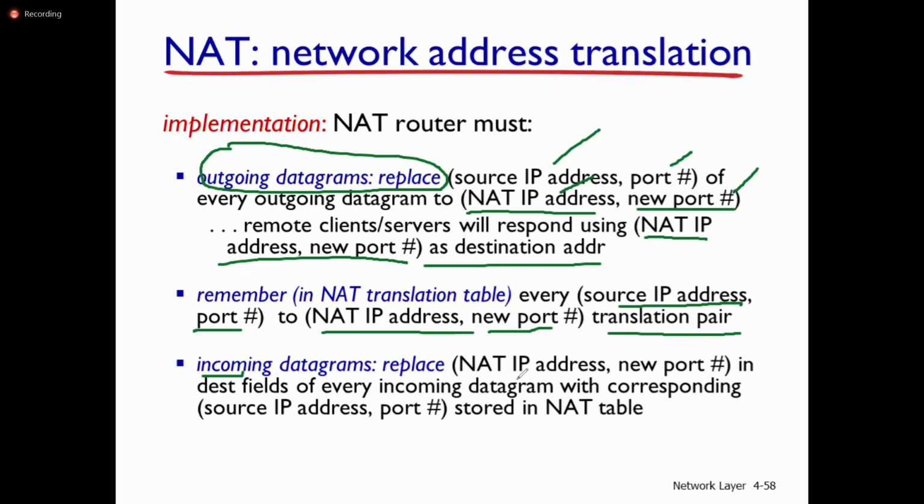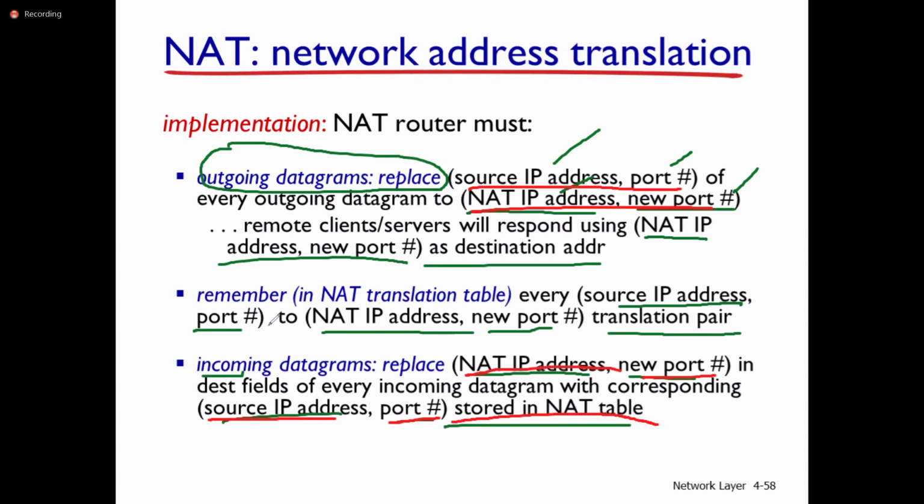For incoming datagrams, the router has to do the reverse: replace the NAT IP address and new port number with the corresponding source IP address and port number, which are stored in the NAT table.